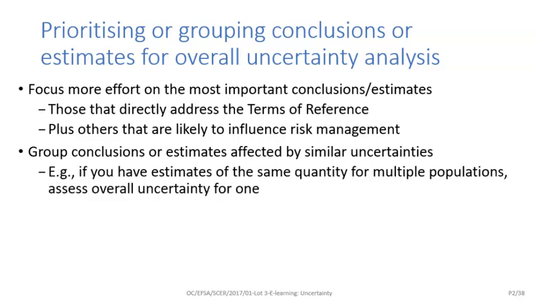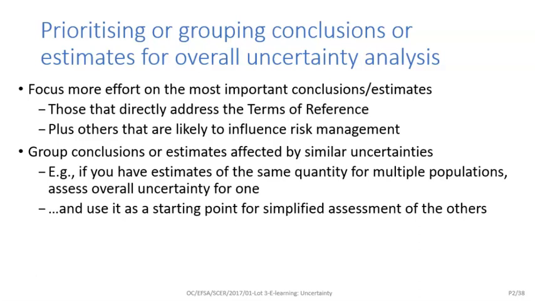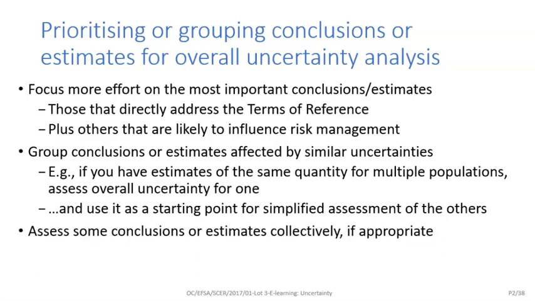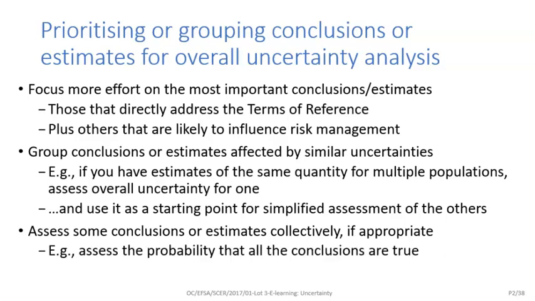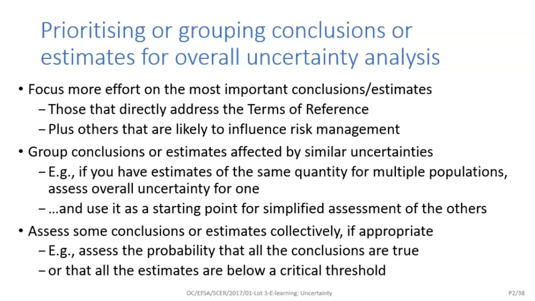For example, if you have estimates of the same quantity for multiple populations, assess overall uncertainty for one and use it as a starting point for simplified assessment of the others. Another option is to assess some conclusions or estimates collectively, if appropriate. For example, assess the probability that all the conclusions are true, or that all the estimates are below a critical threshold.